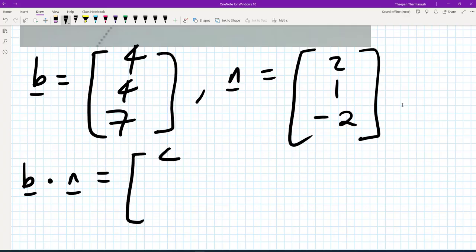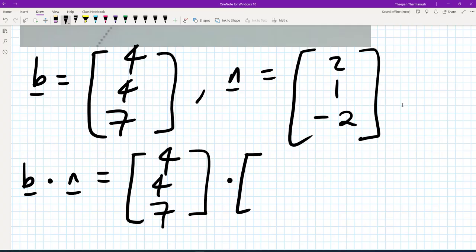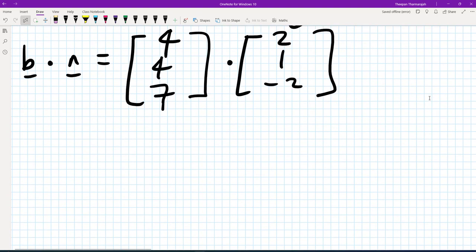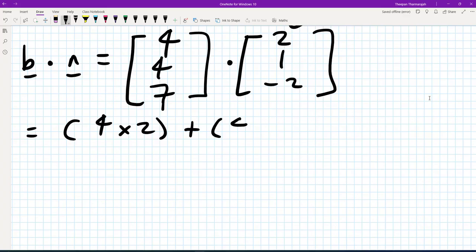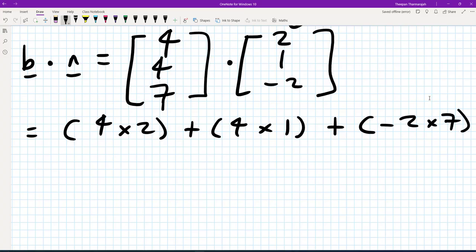So we're just going to use simple dot products, 4, 4, 7, dot it with 2, 1, minus 2. Standard dot product here. Now we're going to do 4 times 2 plus 4 times 1 plus minus 2 times 7. We can just type that straight into our calculator. So for b dot n, we're simply going to get minus 2.